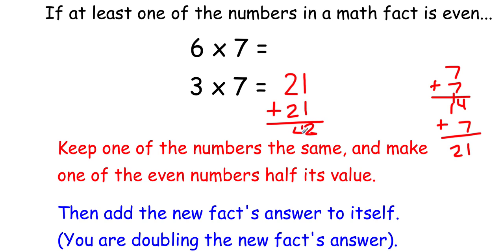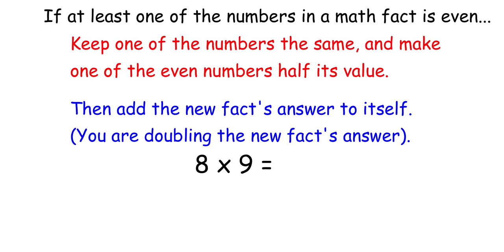And I would get 42. And 6 times 7 is 42. So that's another strategy that you could use to figure out math facts, is by taking one of the factors, if it's even, make it half, and then we double our answer at the end.